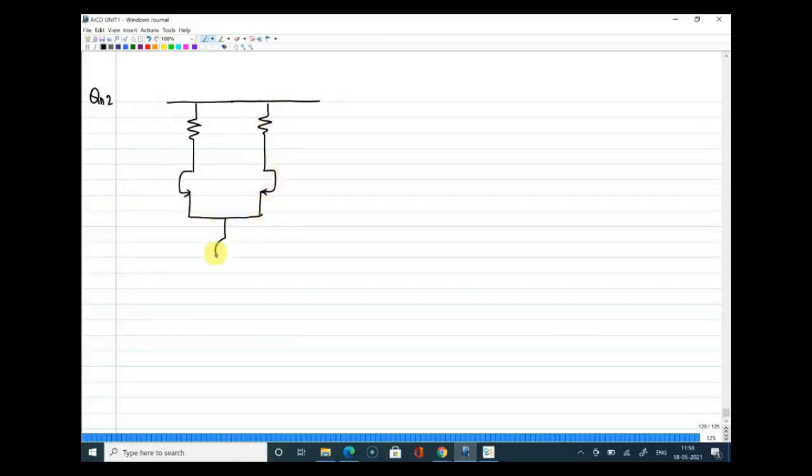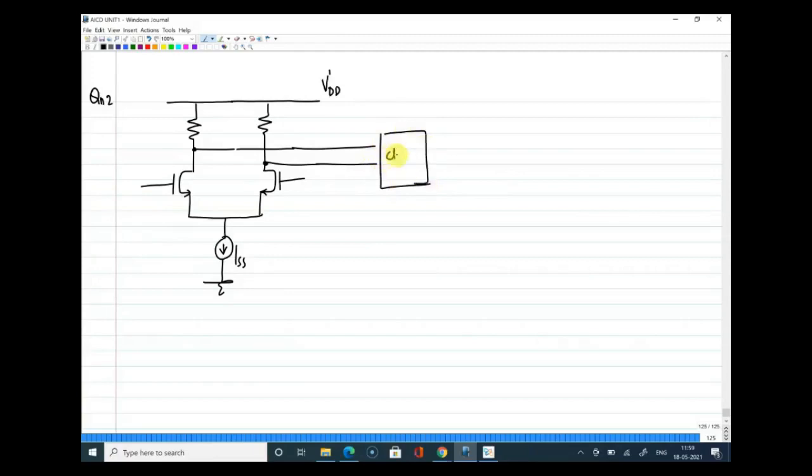And again, you have a tail current source here, which is ISS. This is VDD, and this is the input. And now the output of this differential pair is going to some other circuit. We do not know whether the next circuit is differential or single-ended.